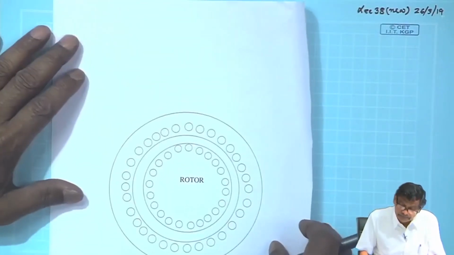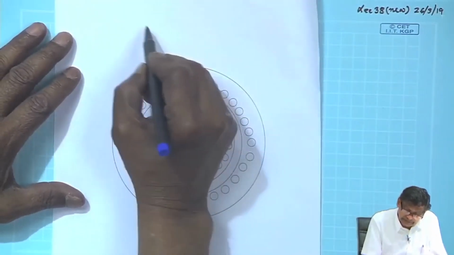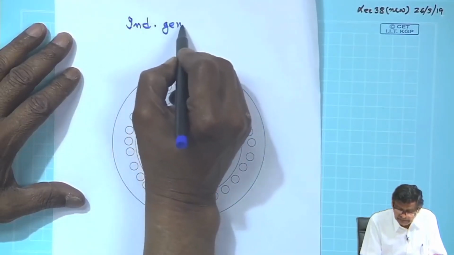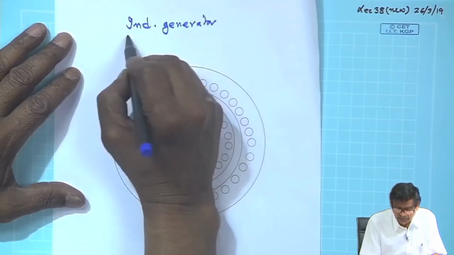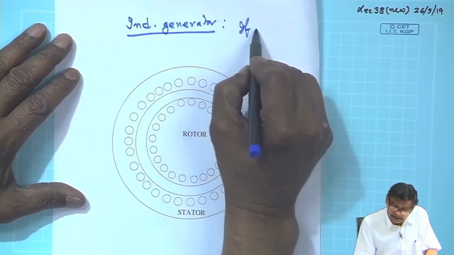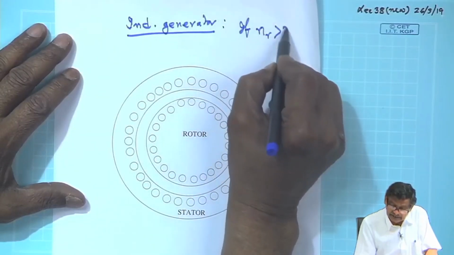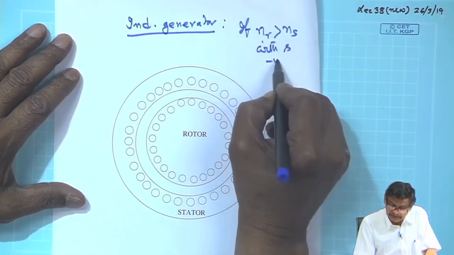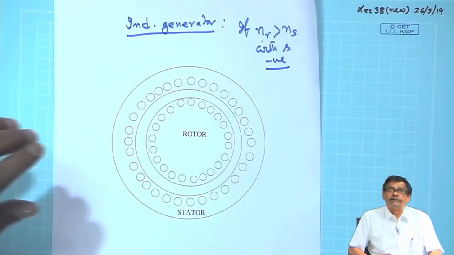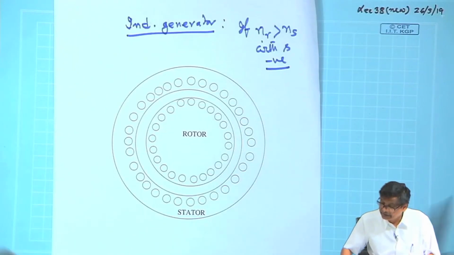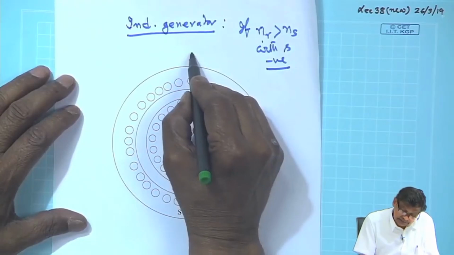For example, in case of generator mode, what will happen? Induction generator. You can study this after I have talked about the induction generator later, but the point is, if n r is greater than n s with slip s negative, the machine may operate as a generator. And once again I start with the stator field.